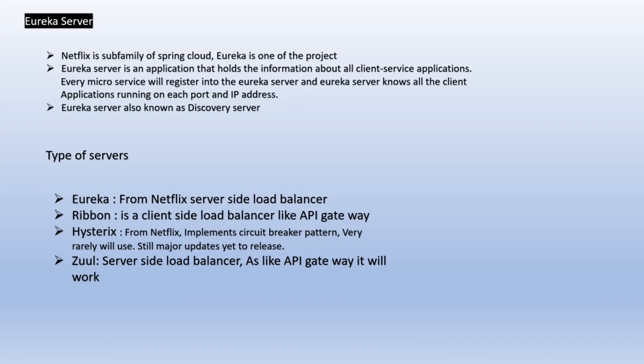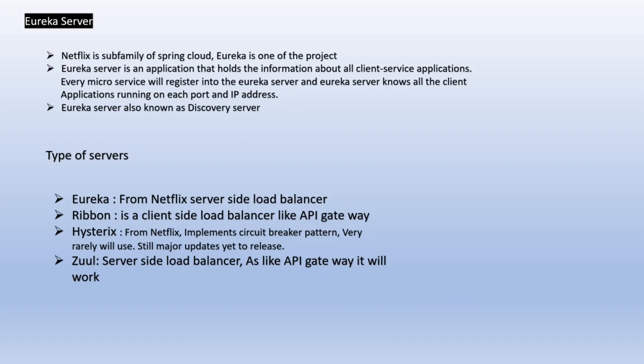And with the help of API gateway and Eureka server, these things are highly restricted and filtered. Whenever a request is received by the API gateway, the API gateway will check with the Eureka server. It is like, hey Eureka server, I have come with a search, and the end user is looking for search.